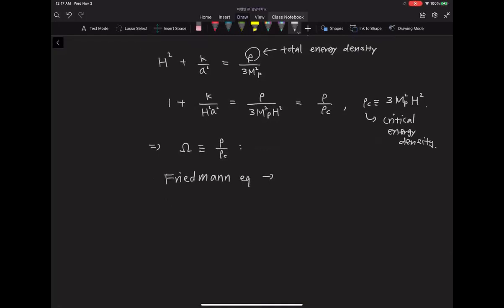Then the Friedmann equation becomes omega minus 1 equal to k over H squared times a squared.